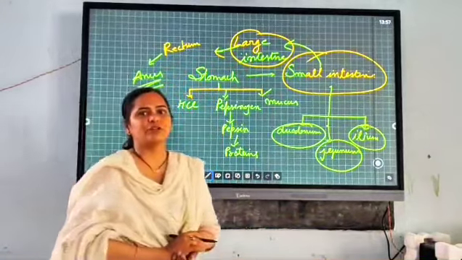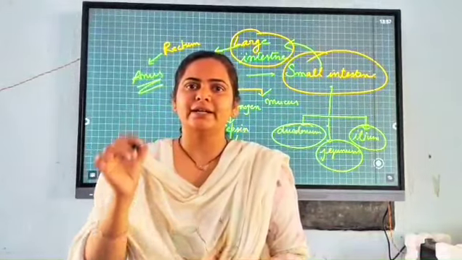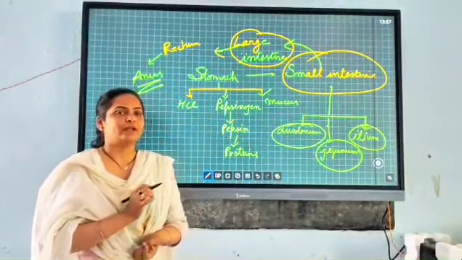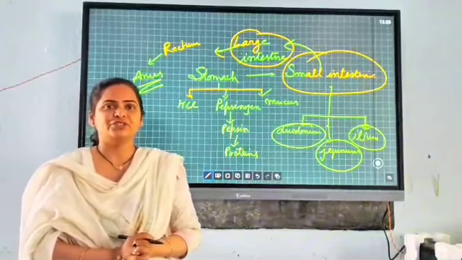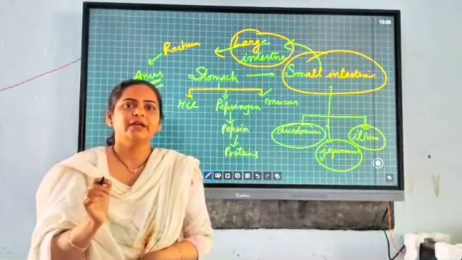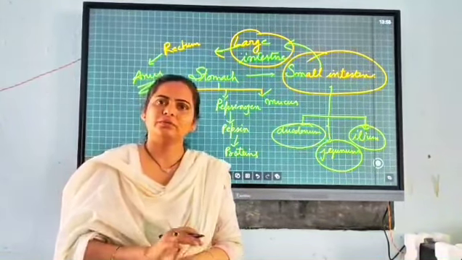In the large intestine also there are mainly three parts: ascending, transverse and descending. And the appendix also is a part of the large intestine. It is a vestigial organ. If a food particle enters it, it causes pain for children.